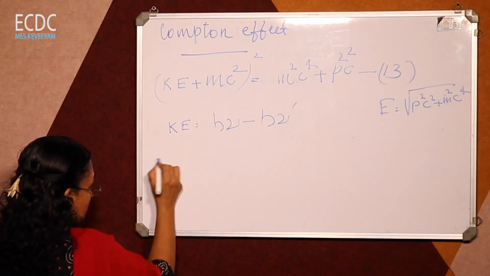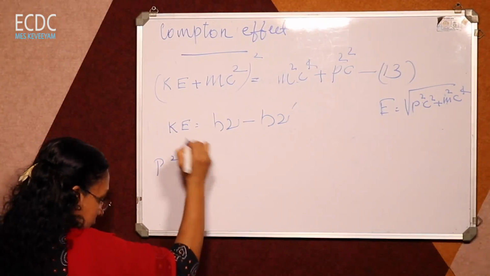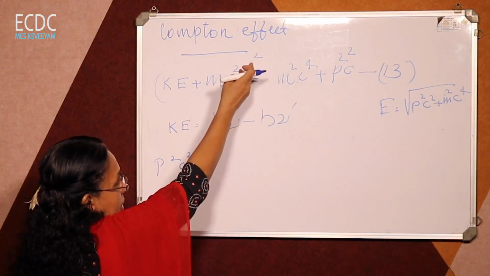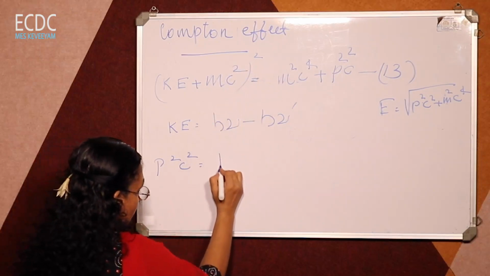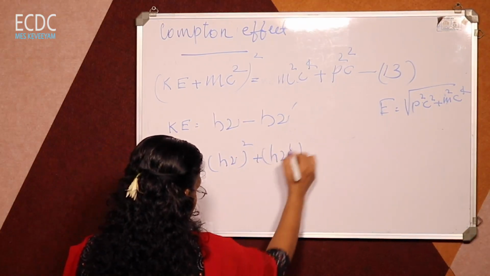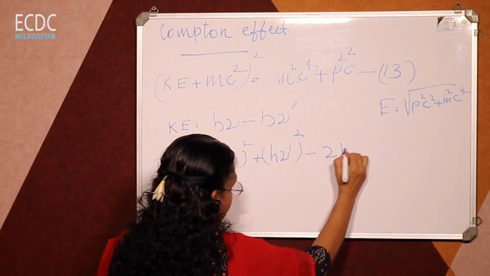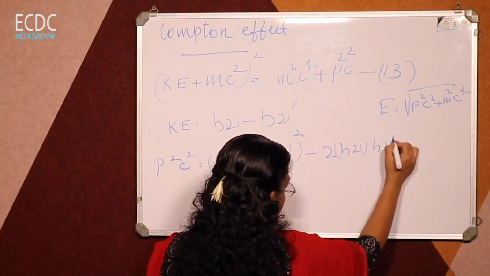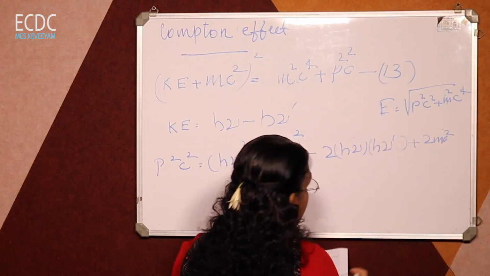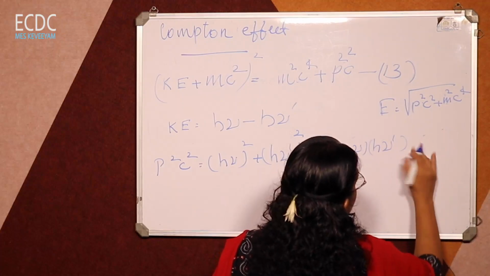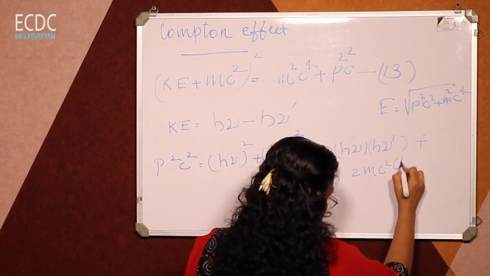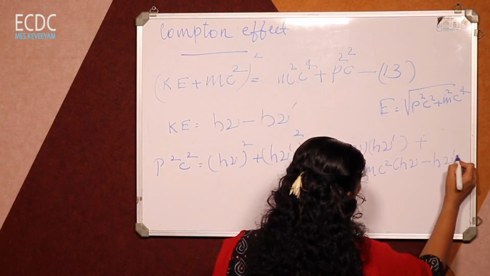Equation 13 is obtained as p squared c squared is equal to, after substituting Ke and removing the square, the final form: h nu squared plus h nu prime squared minus 2 h nu nu prime, plus 2 m c squared times h nu minus h nu prime.